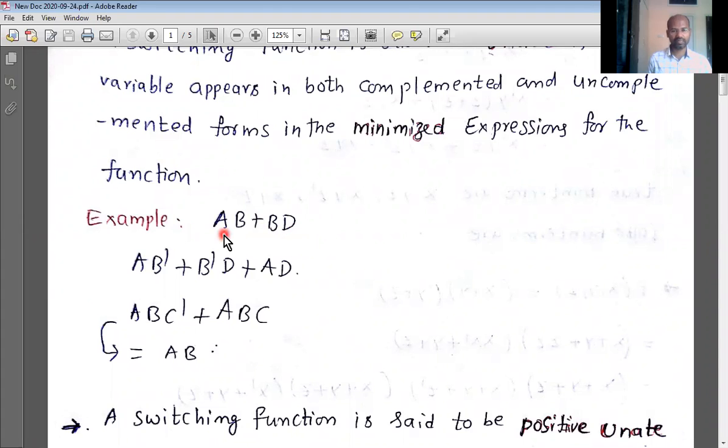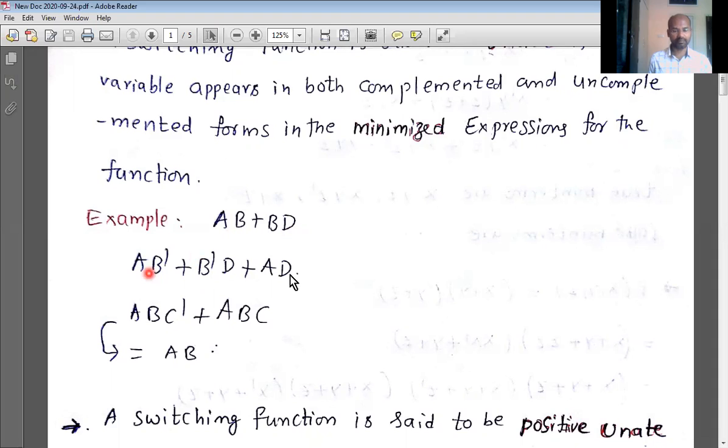So all variables that appear in the final expression should be either in uncomplemented form or complemented form, but they all should be in only one form. I mean any variable, we are talking about the single variables. This minimized expression is a unit function.